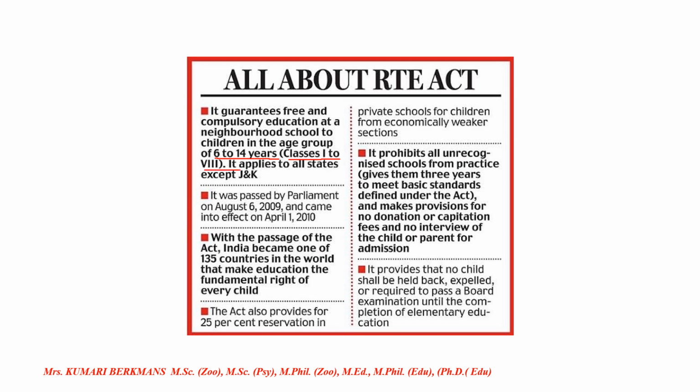It applies to all the states except Jammu and Kashmir. Except Jammu and Kashmir, this is applicable to all states. Which one? Compulsory education. The age is 6 to 14 years, classes 1 to 8th. Keep in mind, make a note about this.